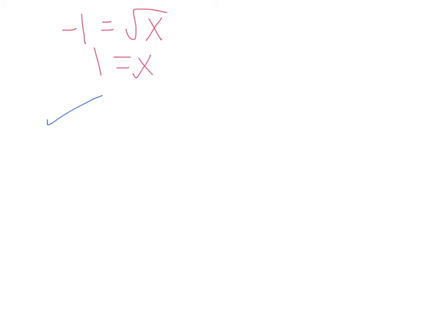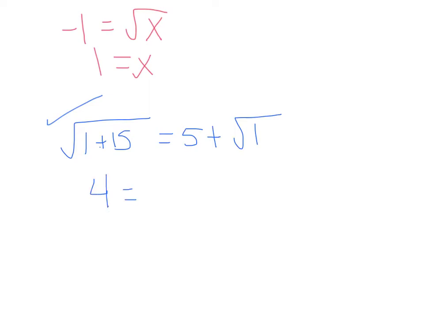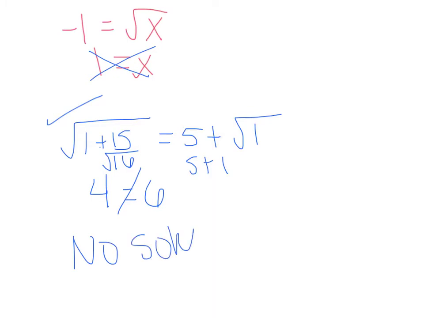So we have the square root of 1 plus 15 equals 5 plus the square root of 1. 1 plus 15 is 16, and the square root of 16 is 4. 5 plus the square root of 1, the square root of 1 is 1, so we have 5 plus 1, which is actually 6. 4 does not equal 6, so this is not our solution. So in this problem, our answer would just be no solution.